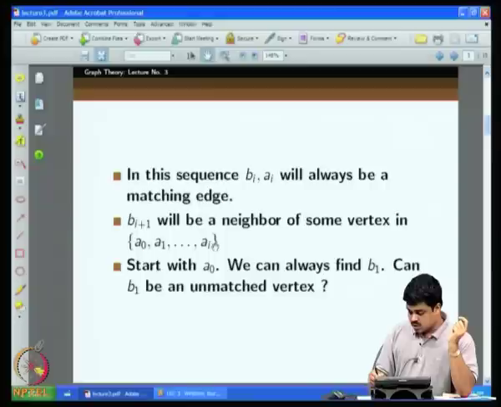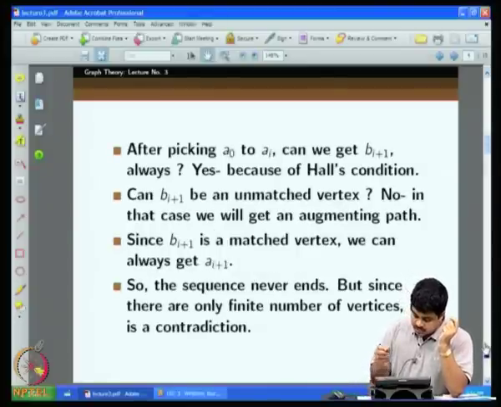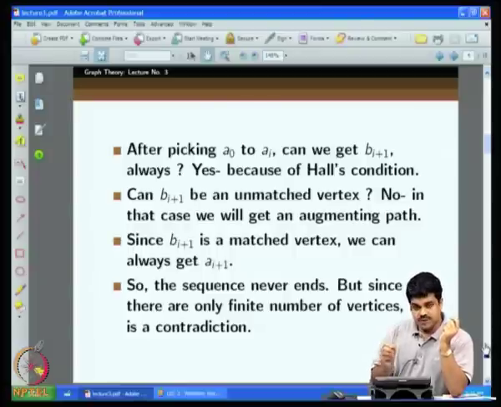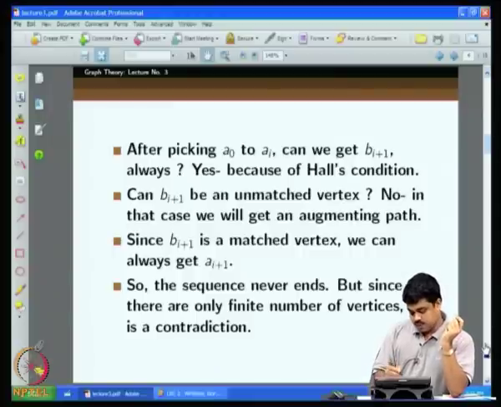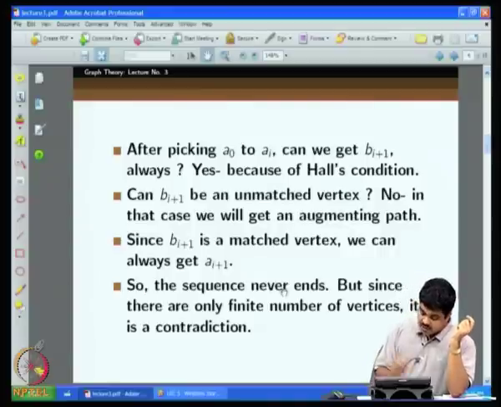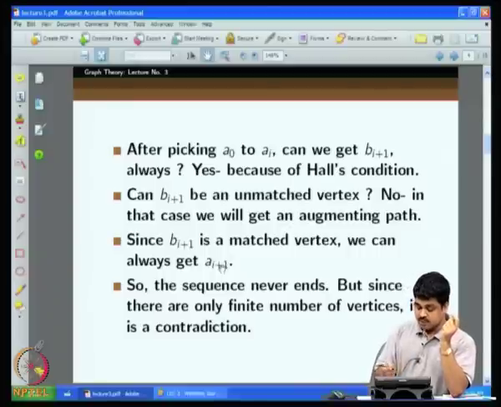Now this Bi+1 cannot be an unmatched vertex, because if Bi+1 is unmatched, then we will end up with an augmenting path, which contradicts the assumption that we have already taken the maximum matching. So once we get Bi+1, it is a matched vertex, and then we can always get an Ai+1 by traversing back through the corresponding matching edge. Its partner on the A side will be Ai+1.